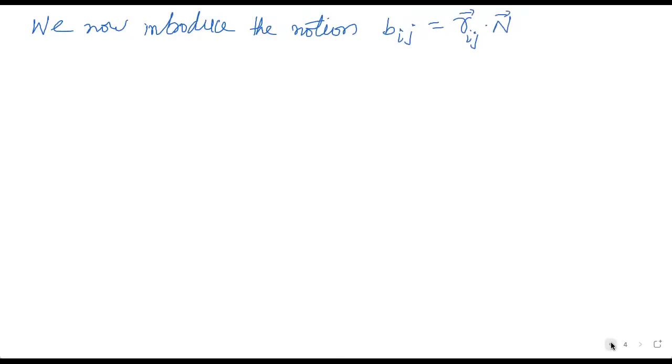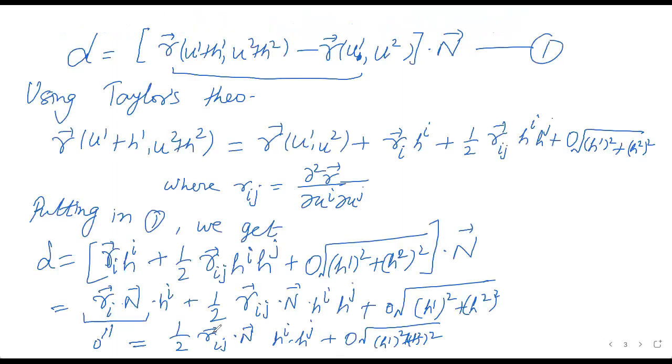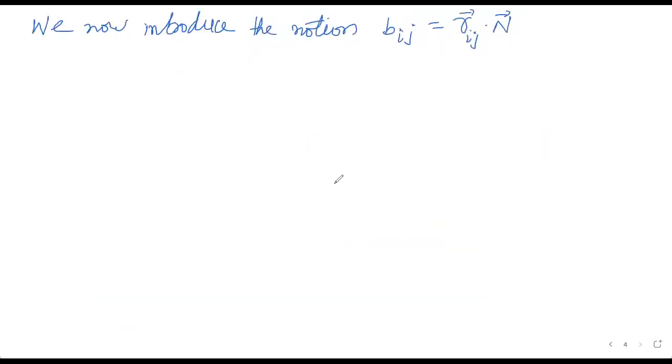I have denoted this term that was coming by Bij. So we introduce this notion Bij, Rij dot n. This Bij is important.